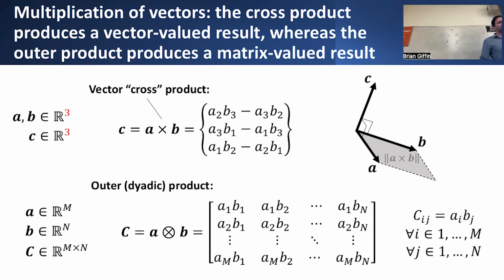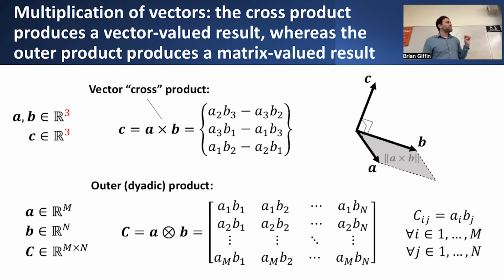So if I'm considering two vectors A and B that lie in some kind of three-dimensional vector space, then I can define the cross product between these two by taking some kind of weird products between the different components of A and B. And there's obviously this formula that you can follow to compute the individual entries of this resulting cross product vector.